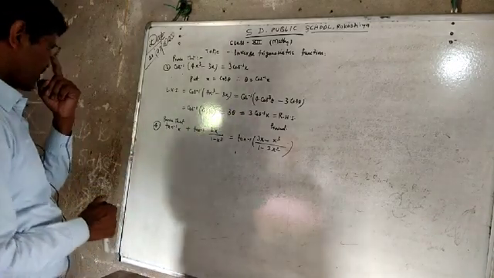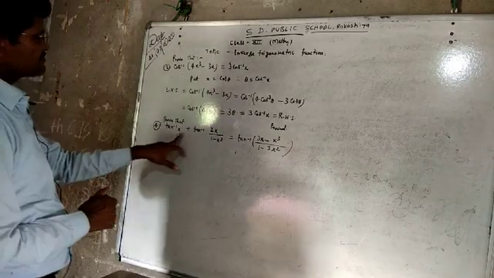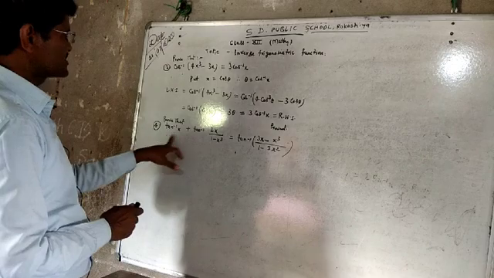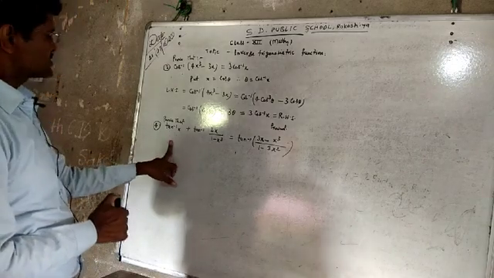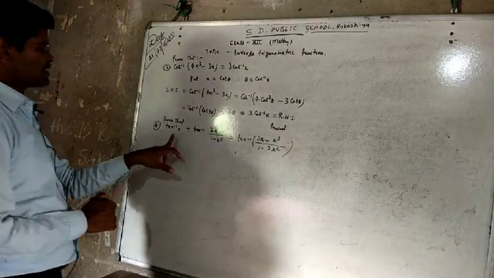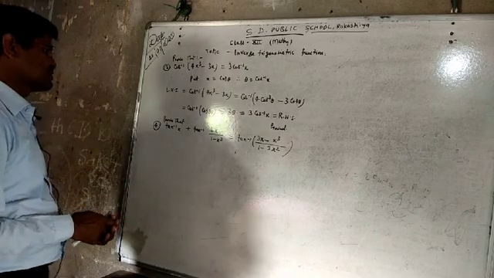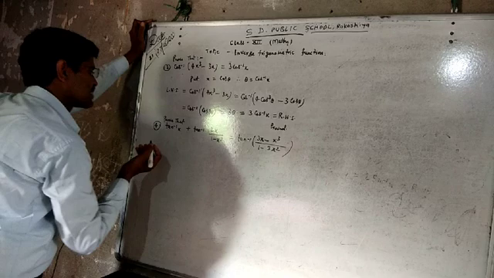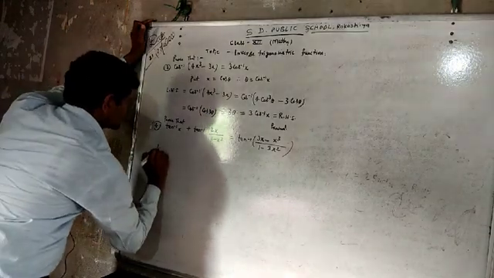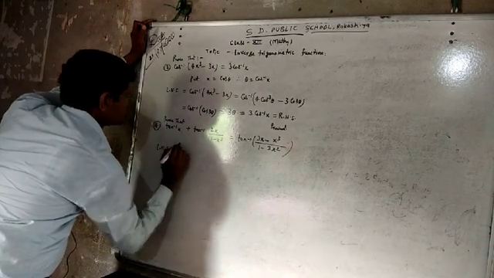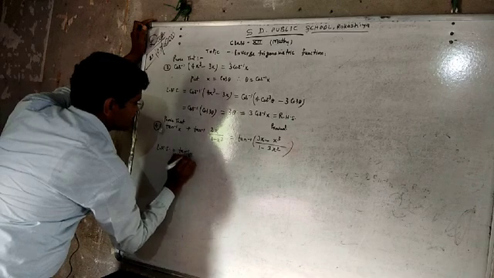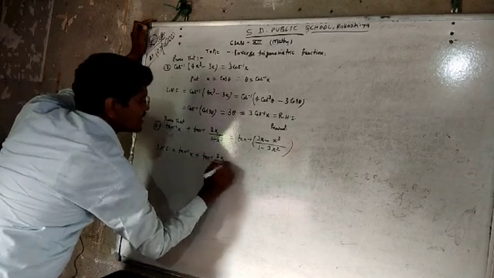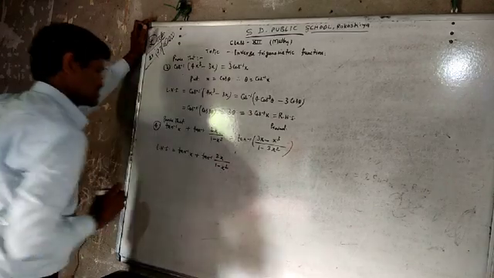We have to use the formula: tan inverse A plus tan inverse B is equal to tan inverse of (A plus B) upon (1 minus A into B). Hence, LHS is tan inverse x plus tan inverse 2x by 1 minus x square.